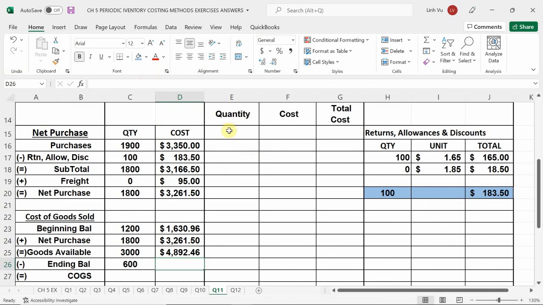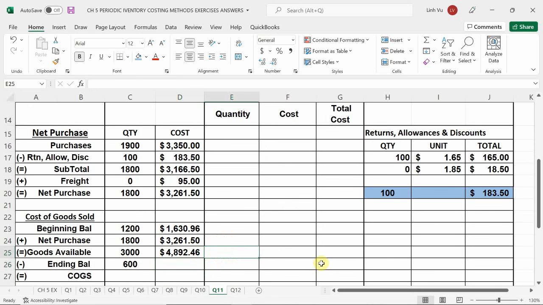The only thing that goods available table does is help you match this number. In this case, it's just an extra step to make sure that you're calculating everything correctly. But at the end of the day, if you calculated this amount by just using this information here, you should get the same exact answer.